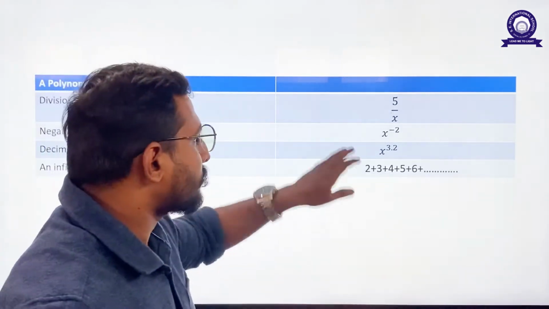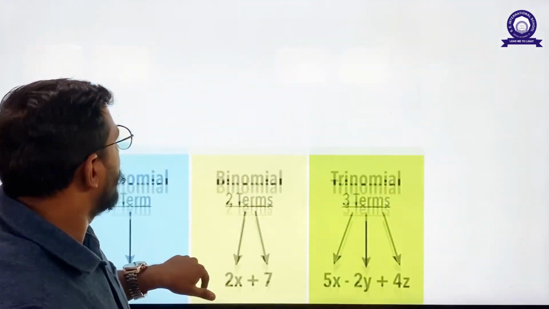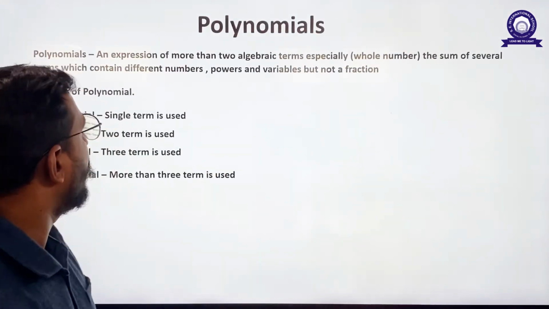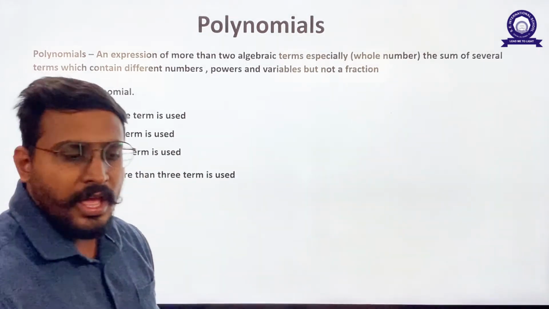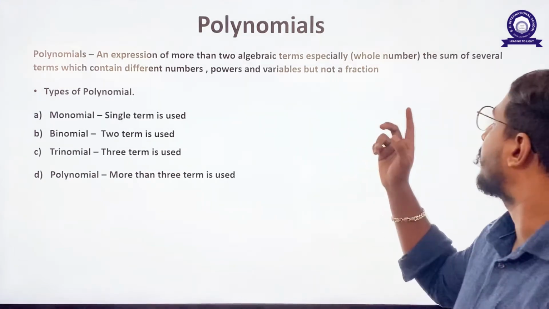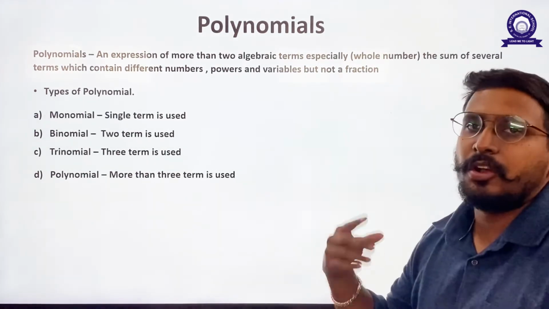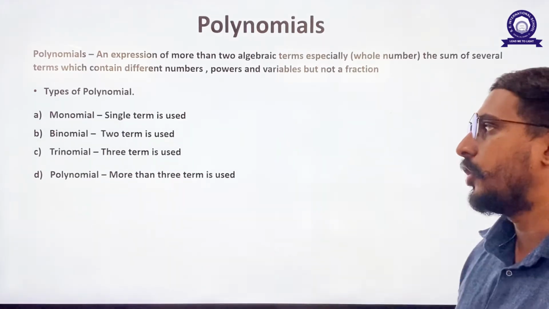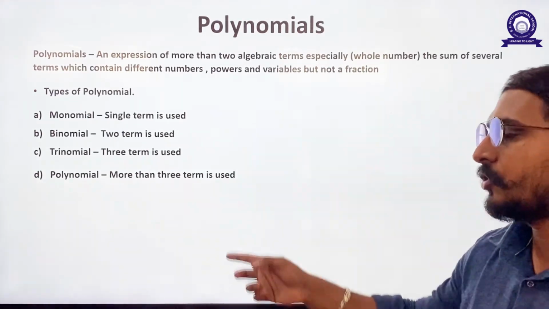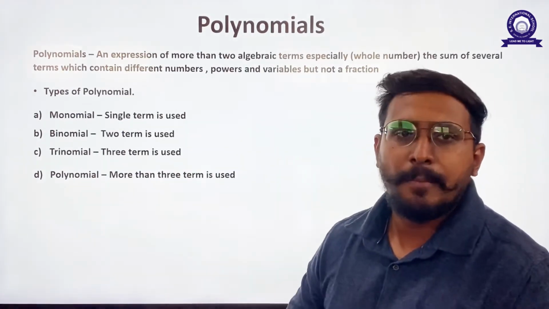Okay, so we'll take a short recap. What have we learned? What is a polynomial? An expression of more than two algebraic terms, especially using whole numbers, the sum of several terms which contain different numbers, powers and variables, but not a fraction, is called a polynomial. And we have seen the types of polynomial, which are monomial, binomial, trinomial, and lastly the polynomial.